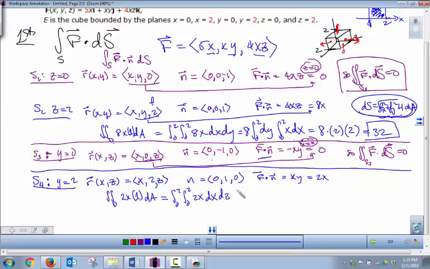Let's take the 2 out, integrate from 0 to 2 with respect to z, integrate from 0 to 2 of x dx. So we got 2, a 2, and this integral again is 2, x squared over 2. 2, 4, 8 this time.